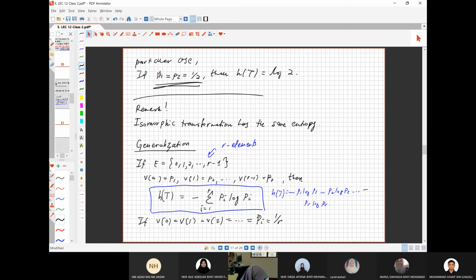So according to our example here, kalau they are uniform, you have log of how many elements in the E. So that means if this is uniform, you will have the entropy of T is log R.